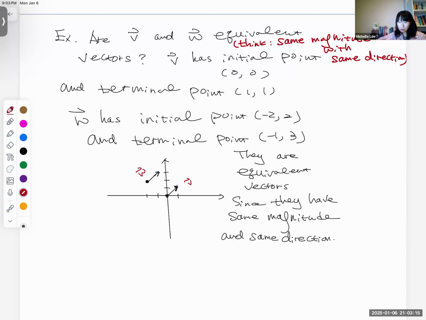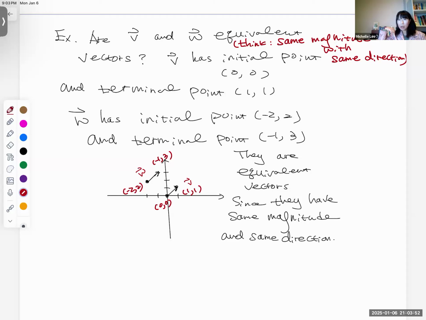Okay, so the red, I indicate that that's the vector v, and then vector w. So this is the vector v, initial 0, 0, and then 1, 1. And this is the initial negative 2 and 2. And this is negative 1 and 3. That's the terminal point, right?